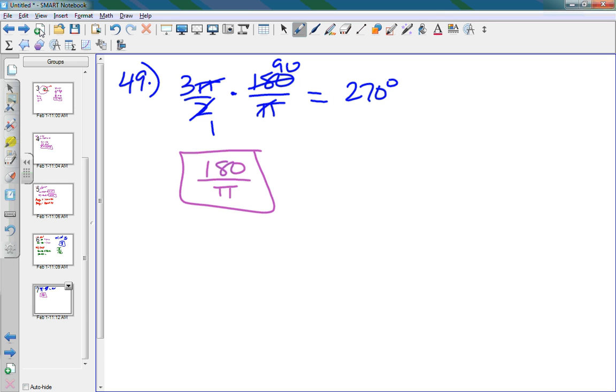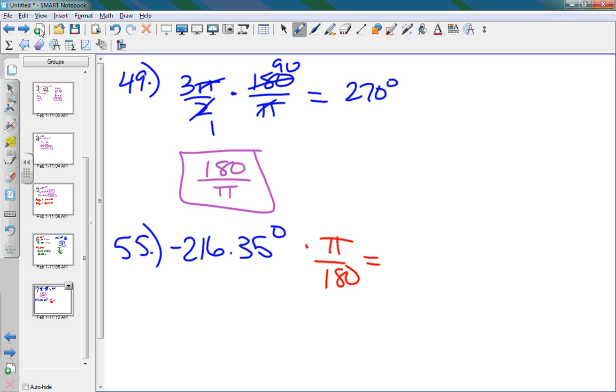Okay, so if we're looking at problem 53, actually, let's do 55. 55 is 216.35 degrees. So how do I make this into radians? Multiply this by pi over 180. And in your calculator, you're actually going to use the pi key, which is 3.14.